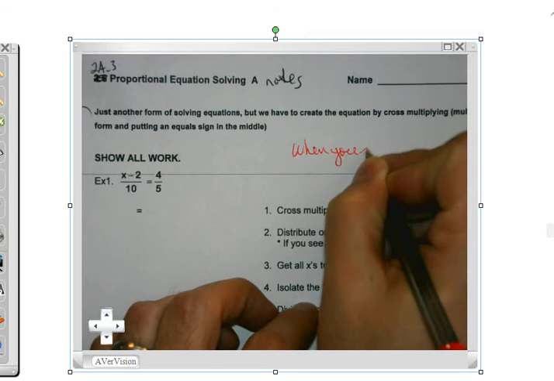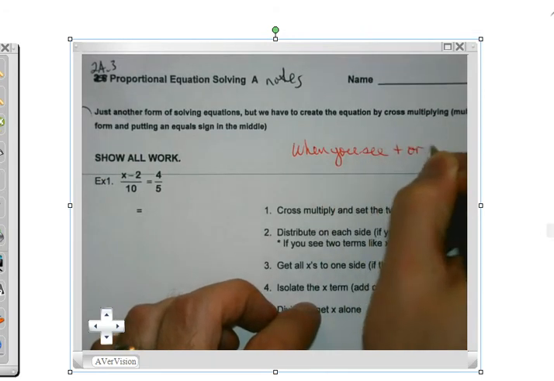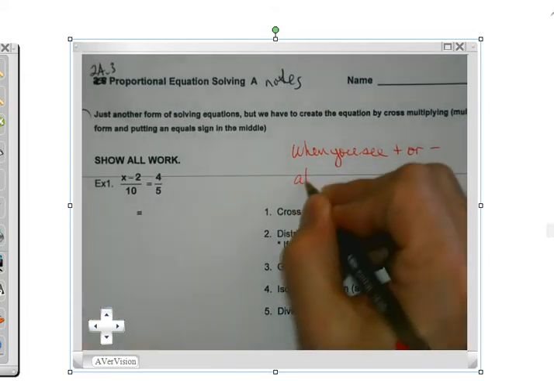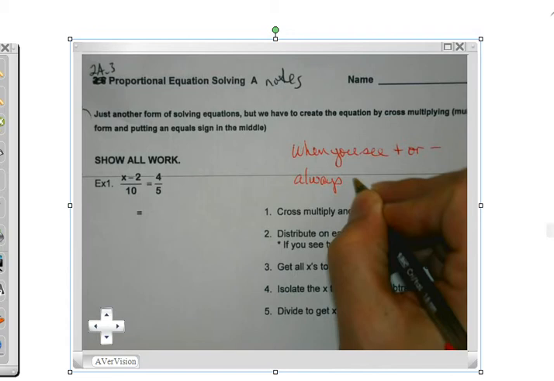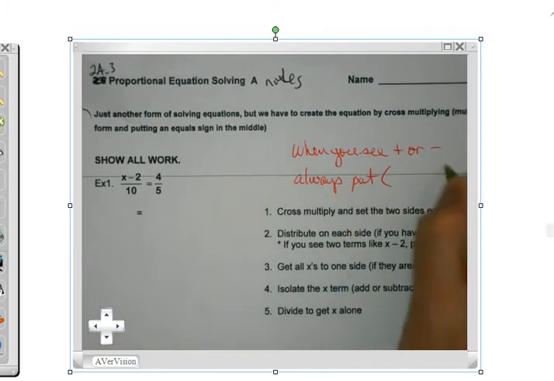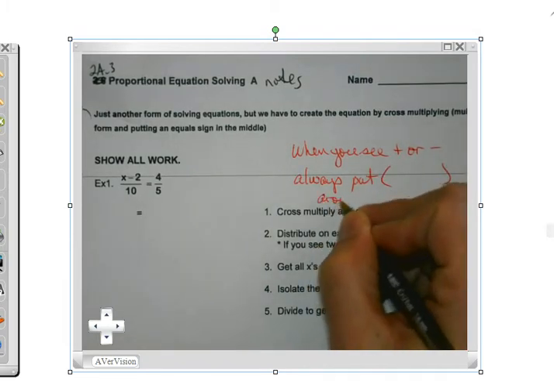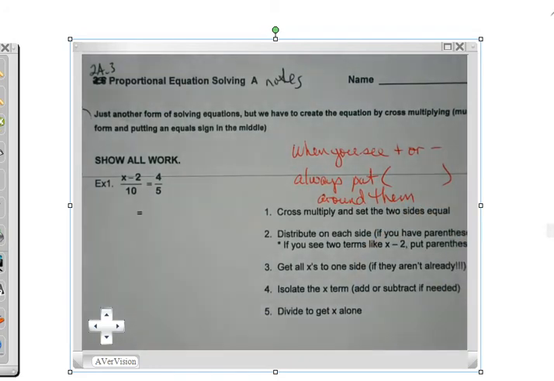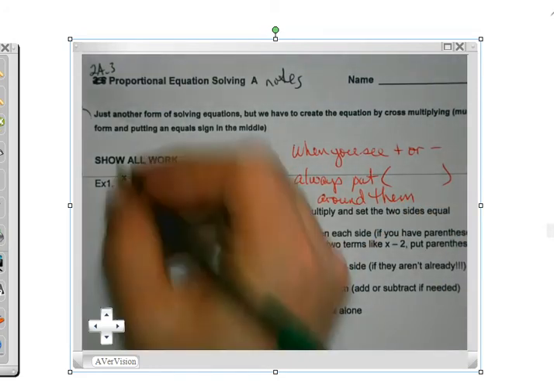Whenever you see plus or minus in one of your terms, if you see what's called a binomial term, which means there's more than one term there, like our x minus 2 over here, you always put parentheses around them. And you'll see here soon why I kind of stress that a little bit.